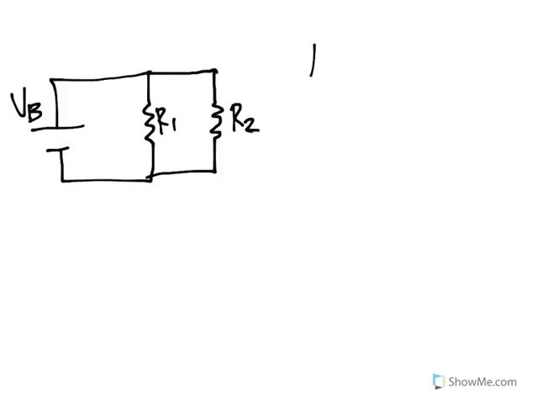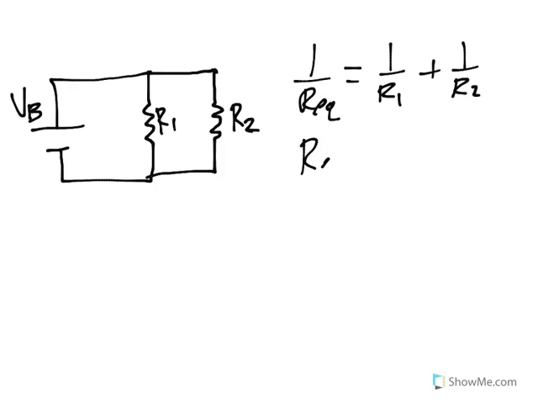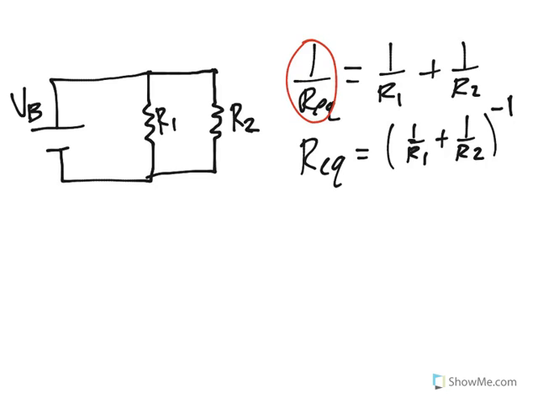And as we said in class, to combine these resistors, I have to do 1 over R equivalent is equal to 1 over R1 plus 1 over R2. So to get my equivalent resistance, whenever I do this, I can't stop there. I have to take the inverse because this is 1 over my equivalent resistance.